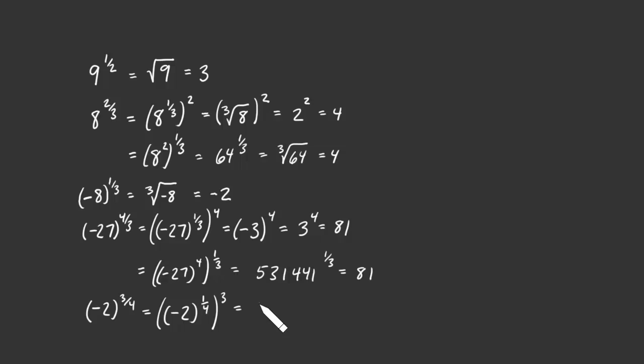That's the fourth root of negative 2 being raised to the third power. But that's a problem, isn't it? I'm looking for a number that I can multiply by itself 4 times and get a negative value. There's no real value that makes that work. So this is simply undefined. This is not a real number.